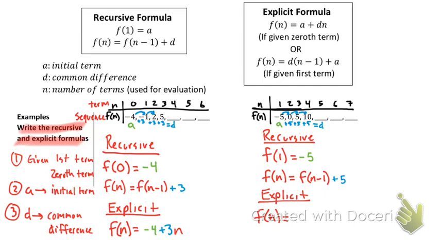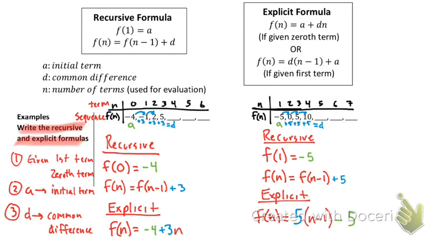So my d value is going to be 5. And then it's going to be n minus 1. And then we're going to put our a value, which is negative 5, so minus 5. Okay.